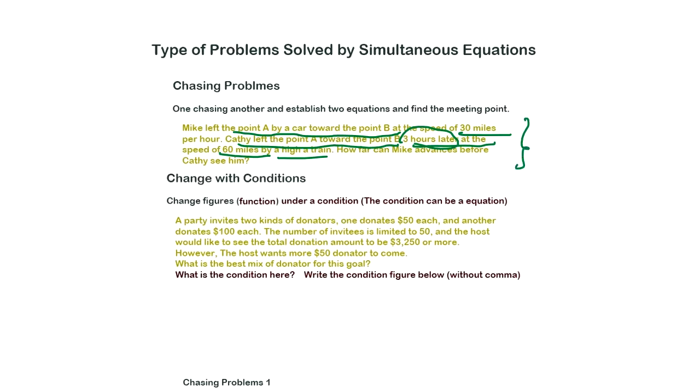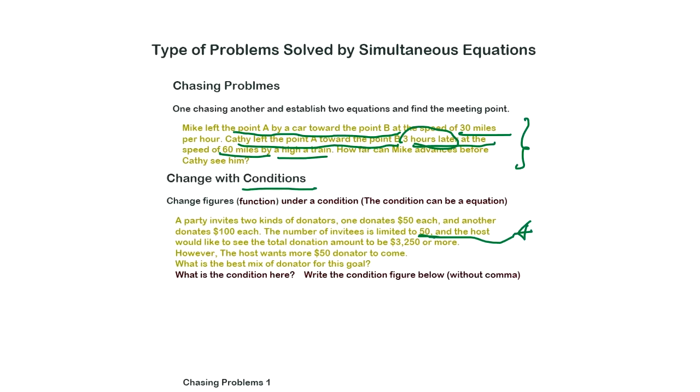Here's a different example of conditions. A party invites two kinds of donors. One donor gives $50 each and another $100 each. The number of invitees is limited to 50. Here's a condition. We don't know how many $50 donors and $100 donors, but both of them total should be 50.